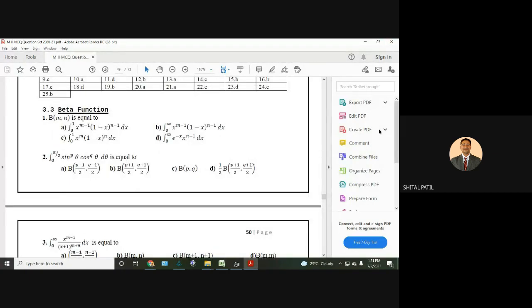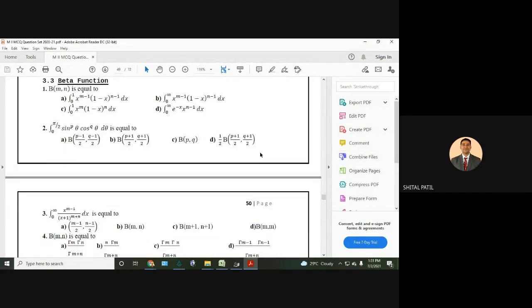Beta mn equal to integration from 0 to 1 x raised to m minus 1, 1 minus x raised to n minus 1 dx. A option. Okay. Question number 2, D option: 1 upon 2 beta of p plus 1 by 2 comma q plus 1 by 2. Next.